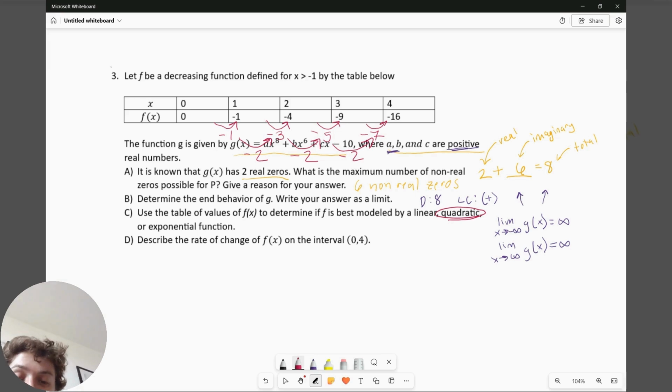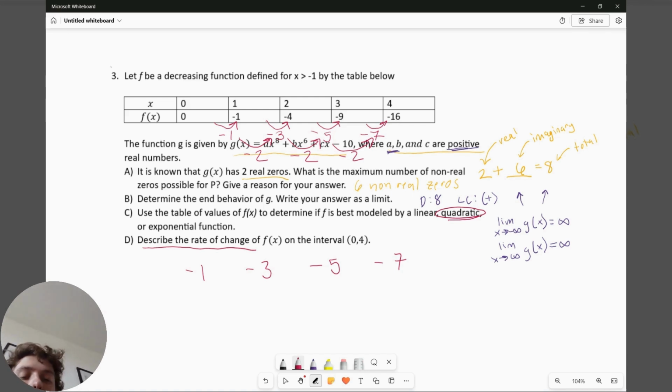Last thing we're asked to do is describe the rate of change on the interval 0 to 4. One thing you could do is find the rate of change, but we could also describe it in terms of is the rate of change increasing or decreasing. Well, notice the rates. We said the rate was -1, -3, -5, and -7.